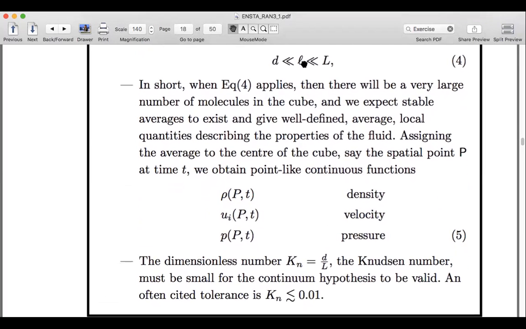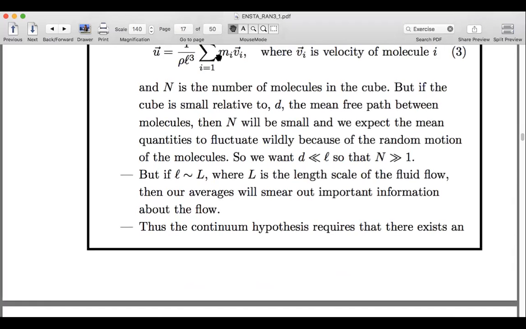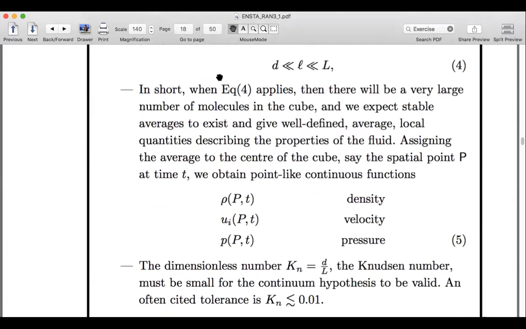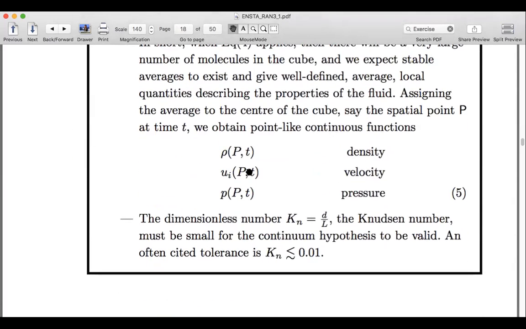Then we assign these averages to be the property value at the center of the cube. So P is just the position at the center of the cube.